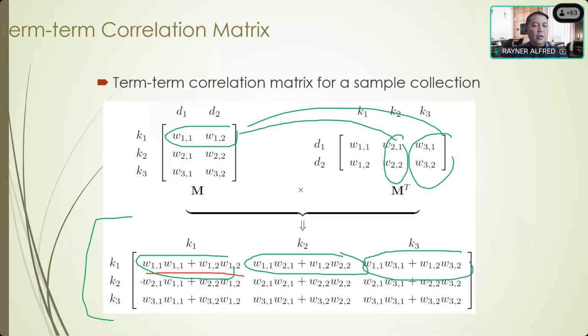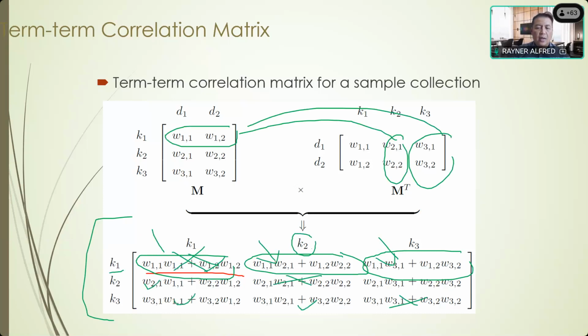If the value here is high, that means K1 is highly correlated with K2. Of course, we don't consider the diagonal because K1 and K1 always come together, so we remove this. We only look at this and this and this.